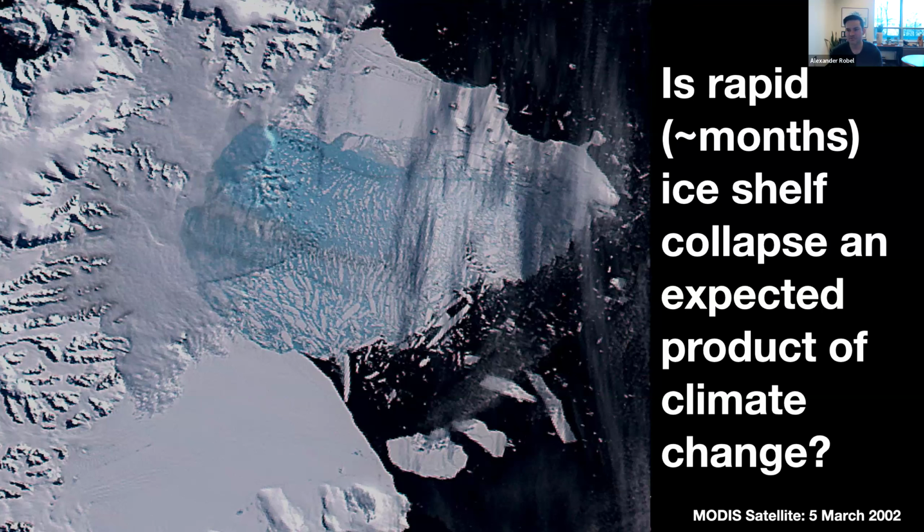If it collapses over a longer time period, this gives a longer time for the glaciers flowing into it to respond. And generally speaking, we think that means less contribution to sea level rise if the ice shelf disintegration unfolds over a longer time period.